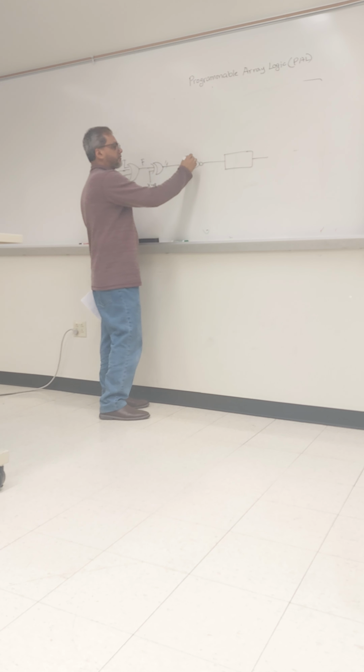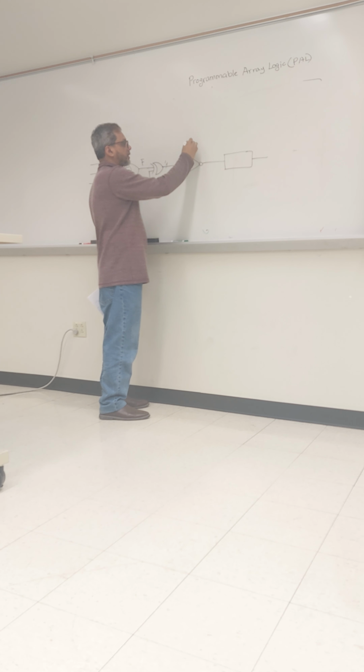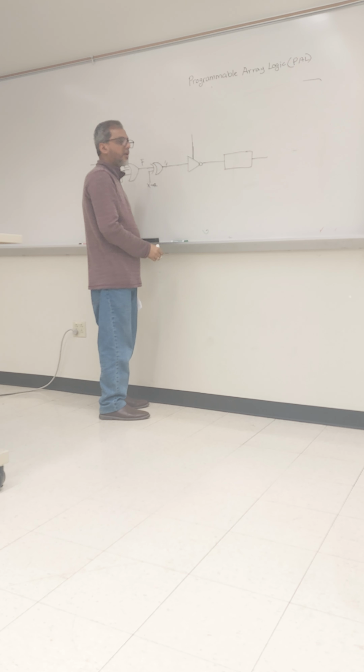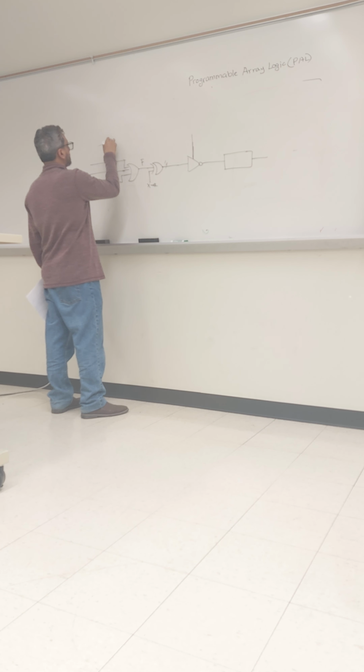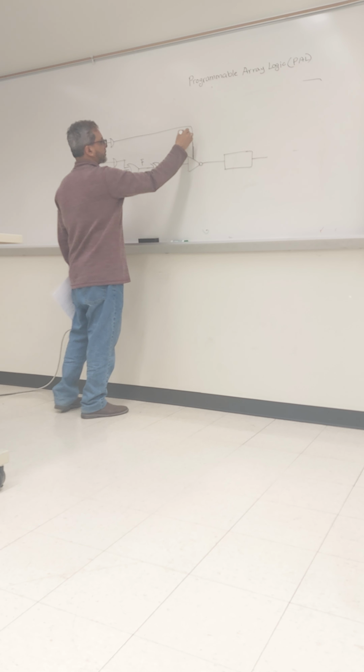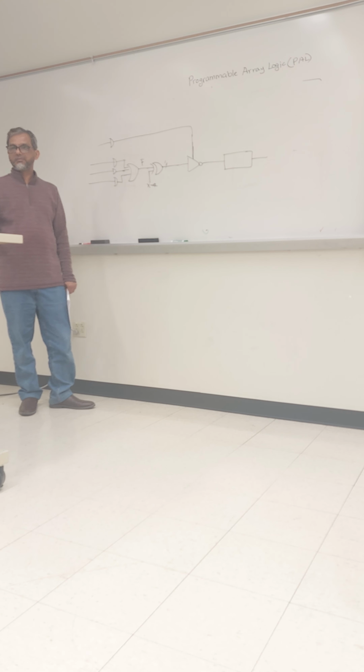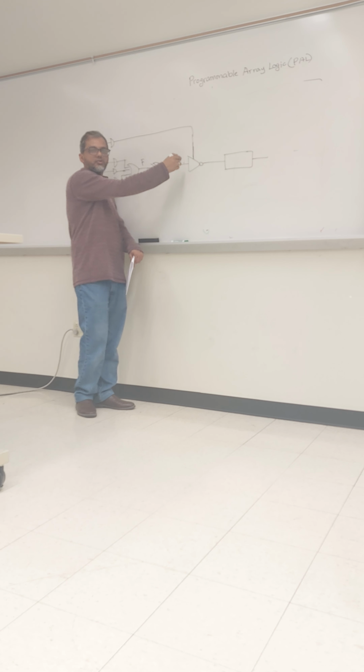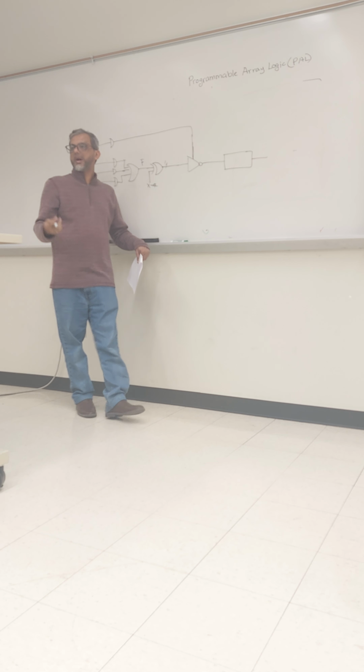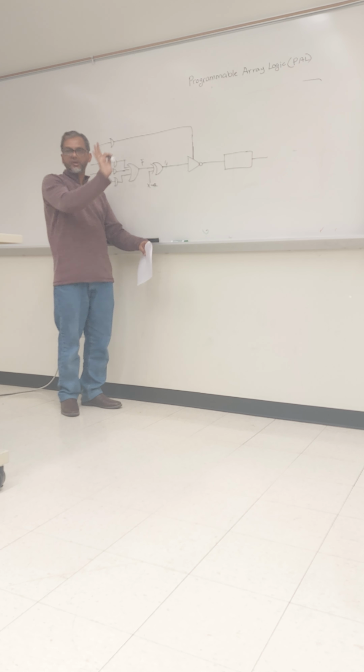Then this tri-state buffer has to be controlled. This control input can be a separate control input, or we can add another minterm to turn it on. It can be controlled any way: we may have a dedicated input line, or we may have a minterm, whatever it is.